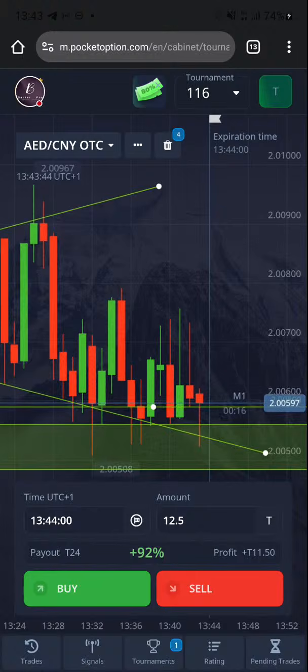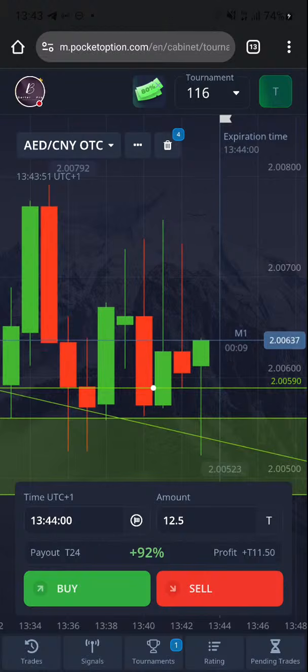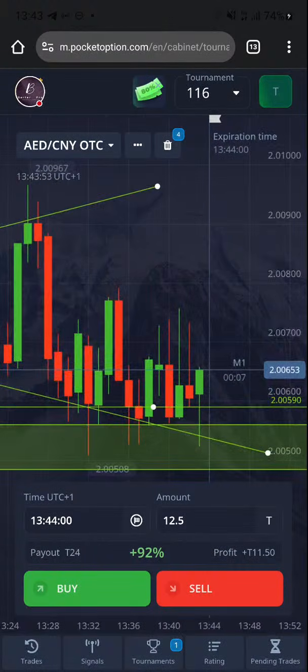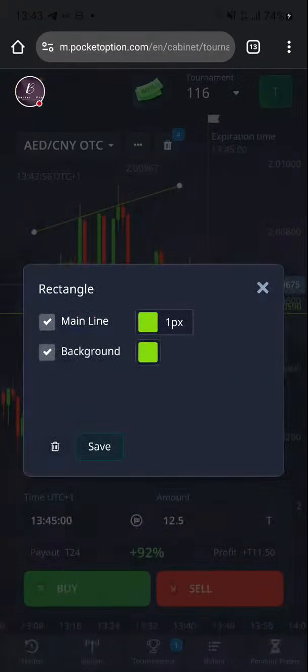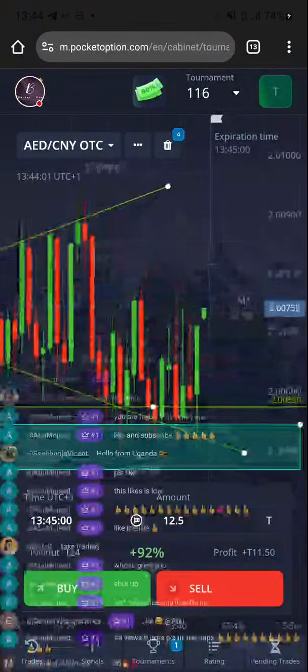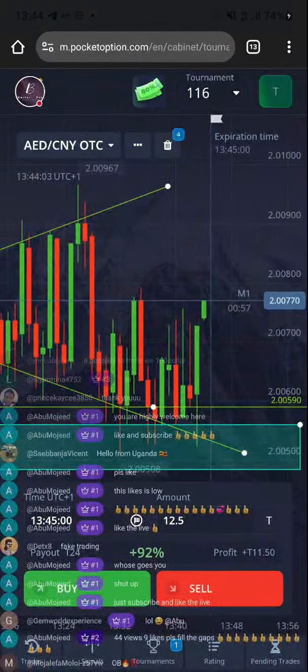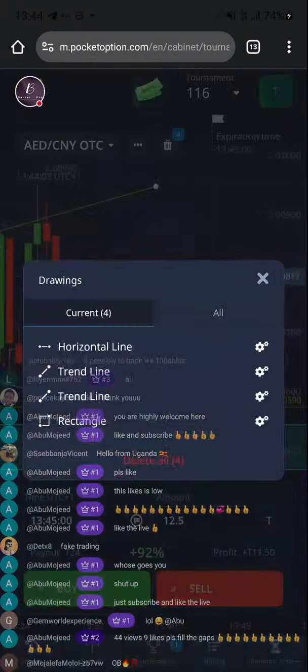So I could have taken this trade on the common point of rejection, but no problem. The buyers are already coming in. I've told you before that the demand areas are the areas where you have the buyers. Now you see this gap up. You are not meant to go with the sellers with this gap up. You understand?